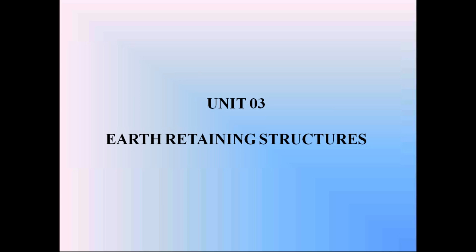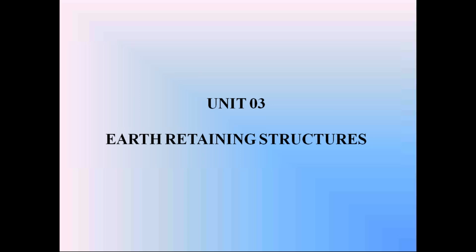A structure is constructed to protect or to prevent the failure in the steep soil slope. That structure is called earth retaining structure. So that is the meaning of earth retaining structure. It is a structure, but that structure is used to support only the soil, especially the steep soil slope.